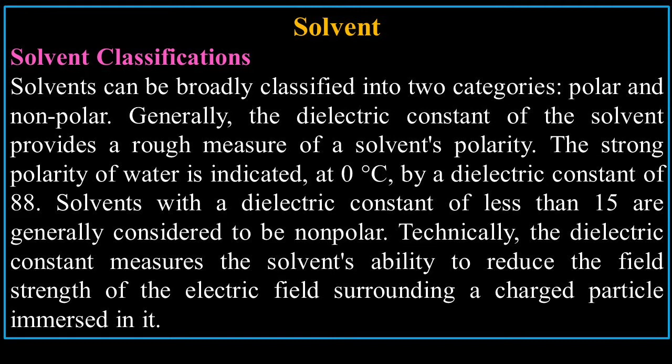Solvents with a dielectric constant of less than 15 are generally considered to be nonpolar. Technically, the dielectric constant measures the solvent's ability to reduce the field strength of the electric field surrounding a charged particle immersed in it. It is not important that you understand the theory of the dielectric constant.